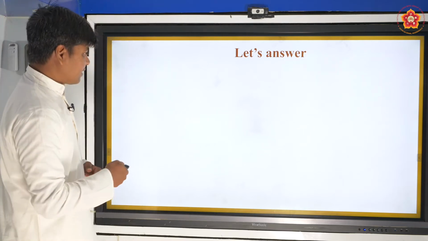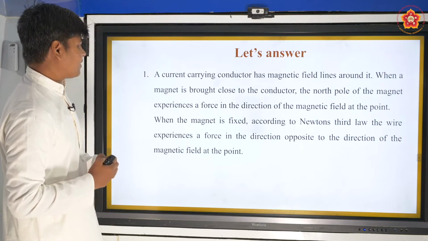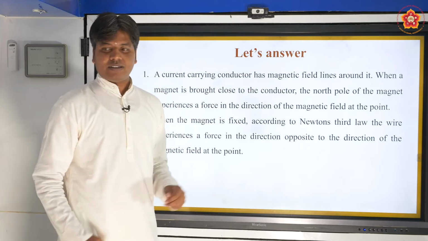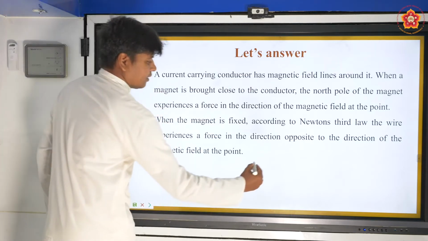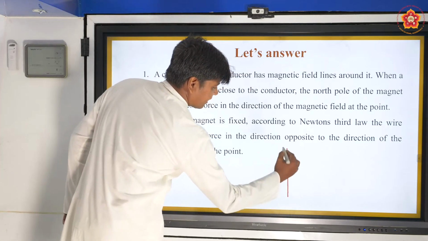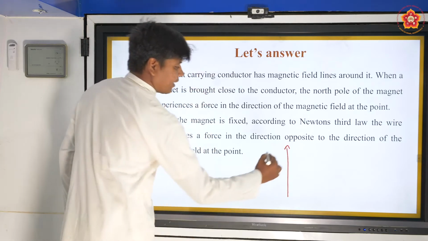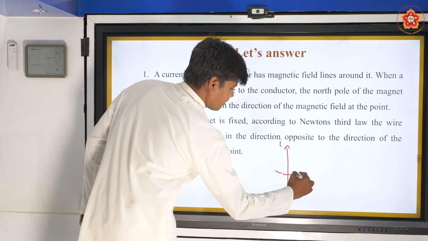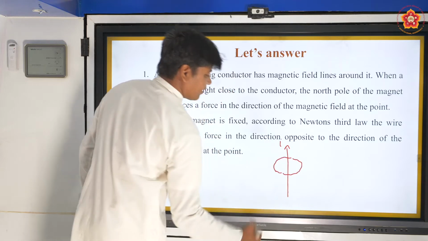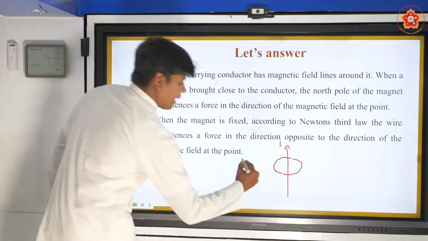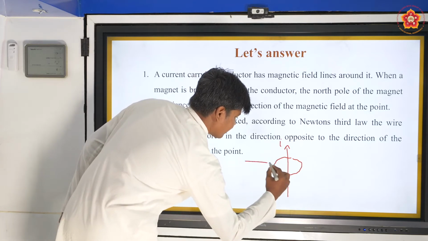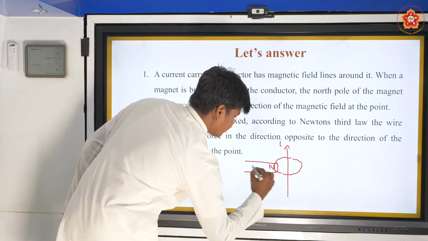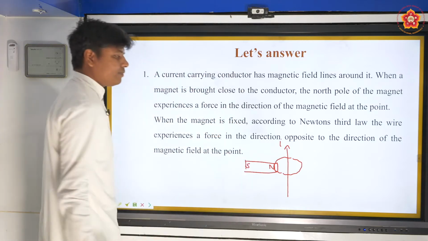So, let us see the answer. A current carrying conductor has magnetic field lines around it, yes or no? Suppose this is the current carrying conductor with current I, and you have a magnetic field line around it, right? Now I put a bar magnet here, the north pole is here, the south pole is here.